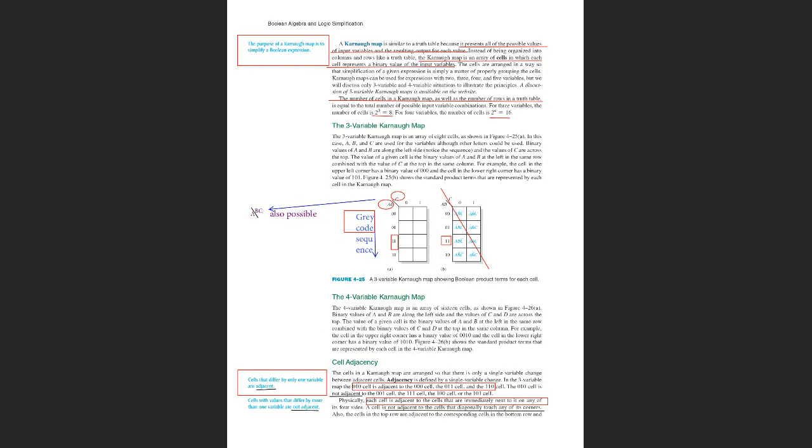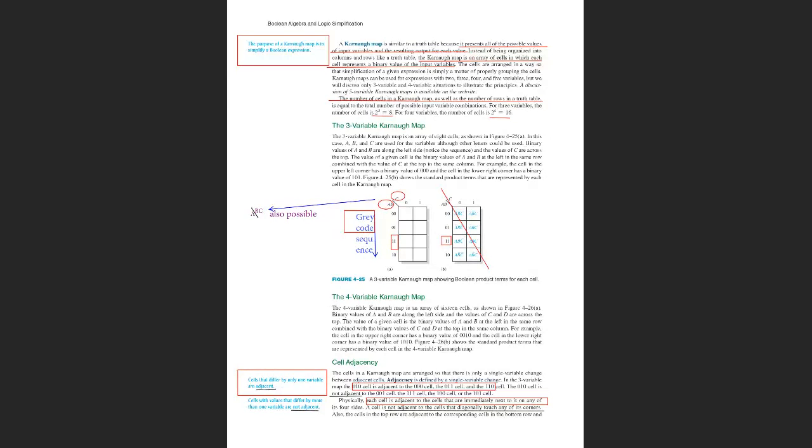The difference is that Carnot map is representing the expression in a more graphical way, while truth table is in gray code order. And again, please remember that even if you use Carnot map, you have to use gray code sequence.